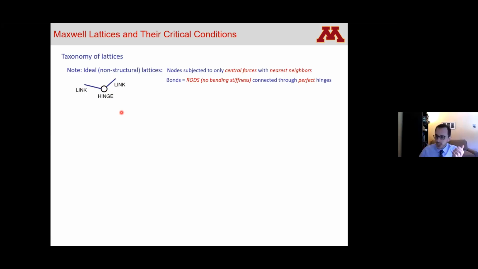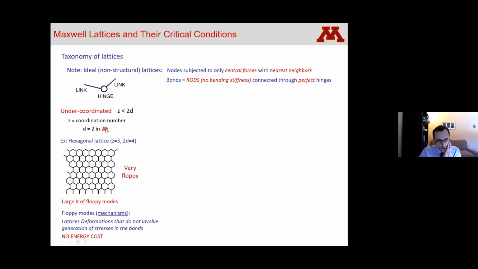So the coordination number of the lattice is the number of lattice sites that each site is directly connected to. So I can have this situation where the coordination number Z is less than 2D, and D is simply 2 in 2 dimensions. So this right-hand side would be 4. When Z is less than 4, I talk about under-coordinated lattices. And the typical example is the hexagonal lattice.